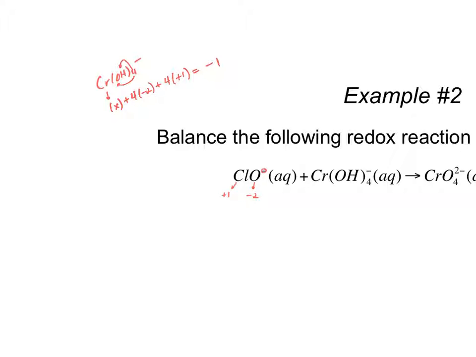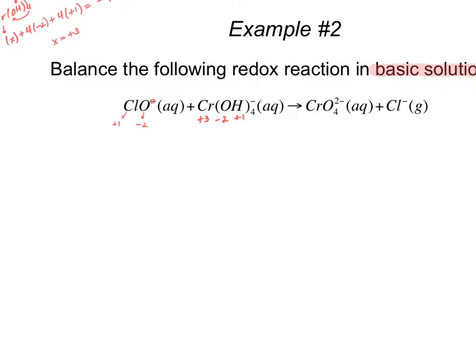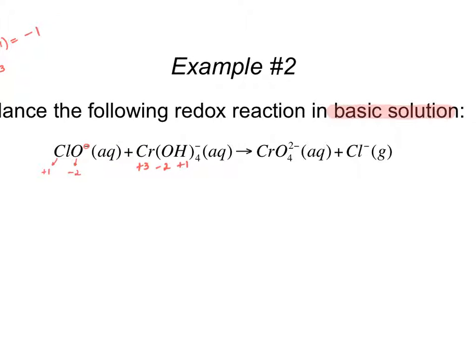This has to sum overall to -1. So when you add those guys together, you get X equal to a +3. So chromium is a +3. We've got oxygen, which is a -2, and hydrogen, which is a +1. They go over to our products.